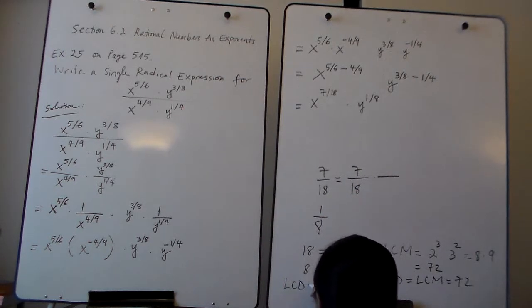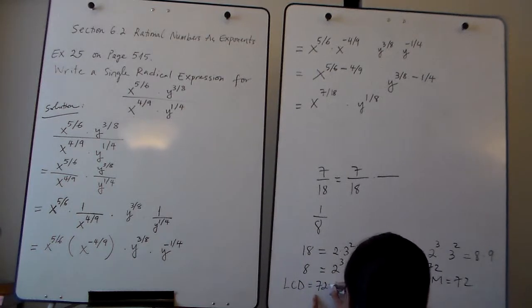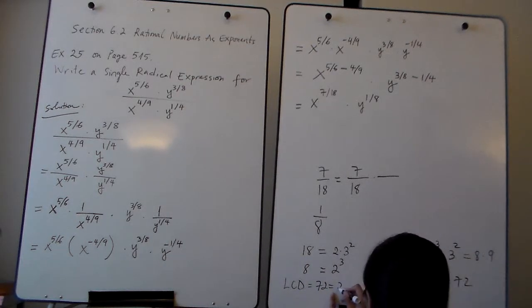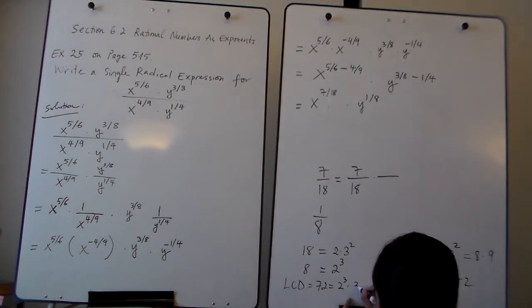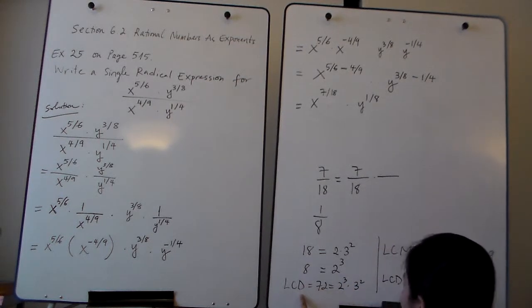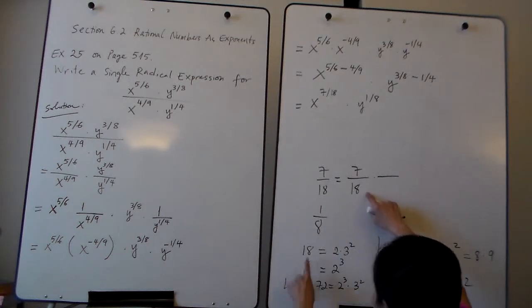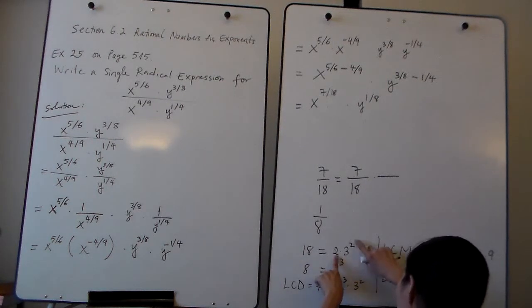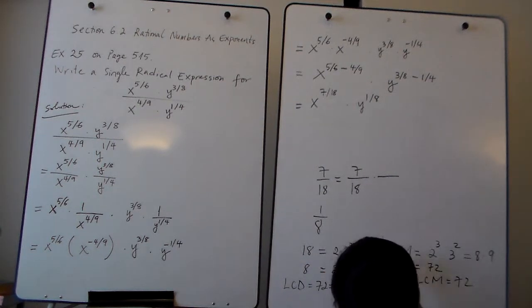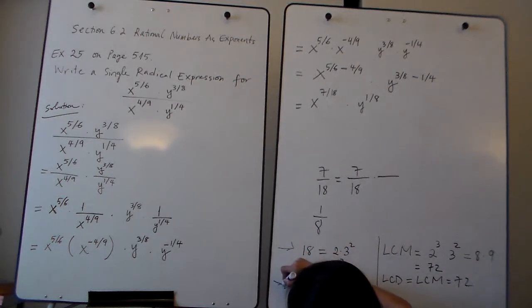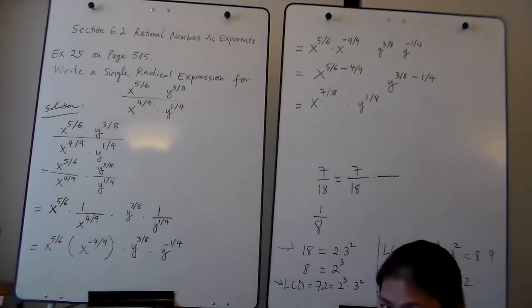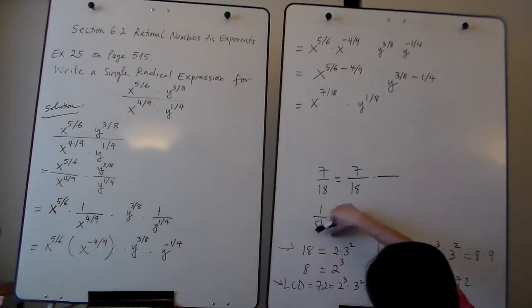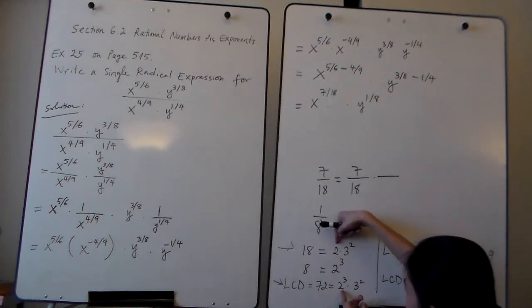The LCD is 72, which comes from 2 to the third power times 3 squared. For 18, it has 2 to the first power and 3 squared. If you compare this with the LCD and try to find the missing factors, for this 2, you only have 1 in the 18, but you have 3 in the LCD.